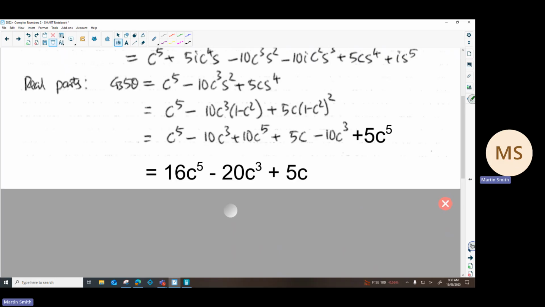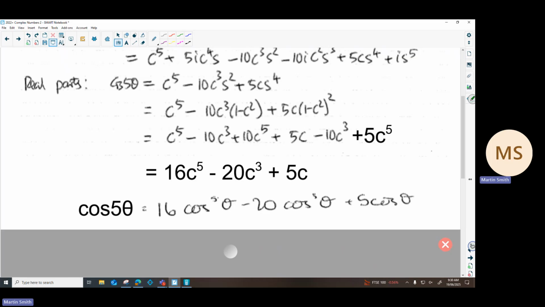If you collect like terms, you'll get 16c to the 5 minus 20c cubed plus 5c. So consequently, my answer is cos 5 theta is 16 cos to the 5 theta minus 20 cos cubed theta plus 5 cos theta, and we are done.